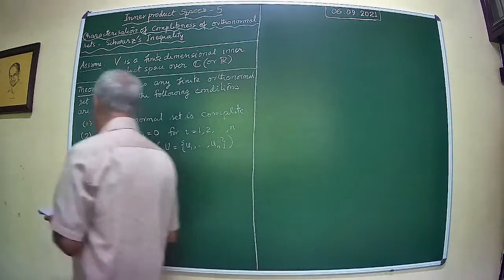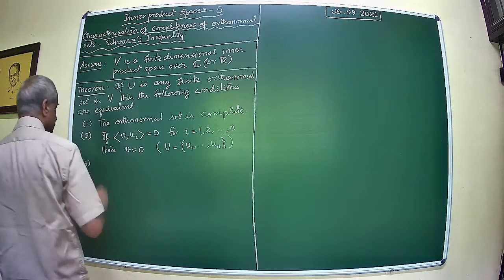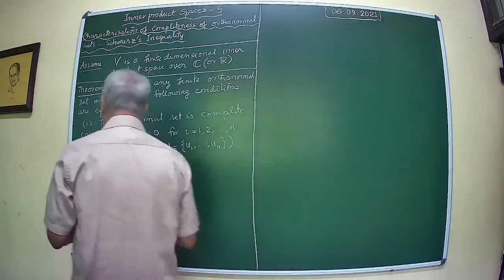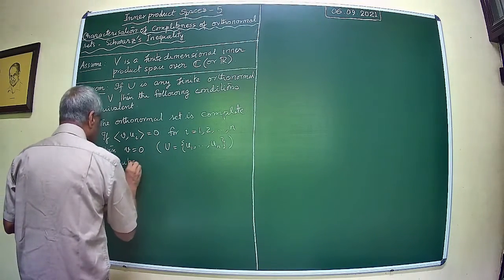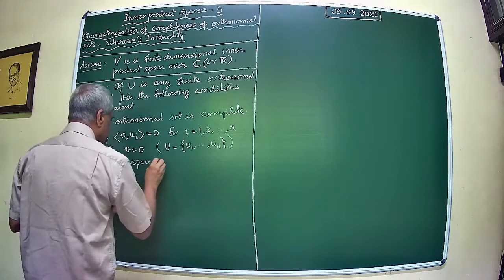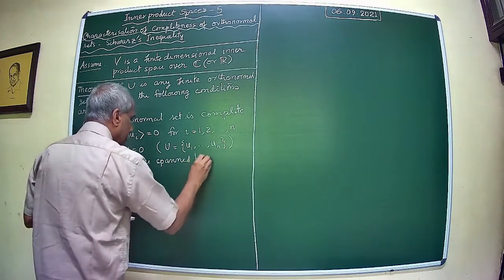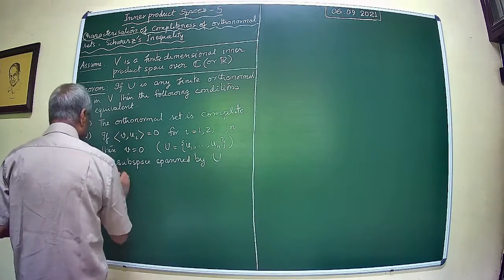Then the third statement is the subspace spanned by U is V.